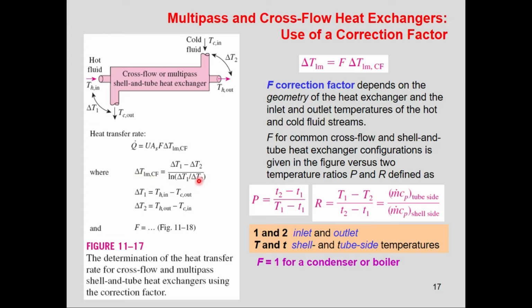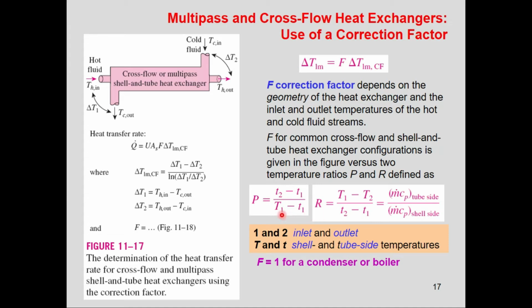So for different configurations, you have to use the value of F as well. To determine the value of F, first you have to get the values of P and R. For the values of P and R, you need to have the four temperatures, right? The inlet and outlet temperature of the hot stream, and the inlet and outlet of the cold stream.